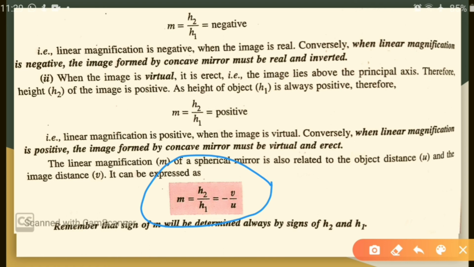By applying the formula, you will always write m is equal to minus v by u. While writing the value of v, you will apply the sign convention and write down the numerical value with sign. This will be more clear by solving some numerical problems.